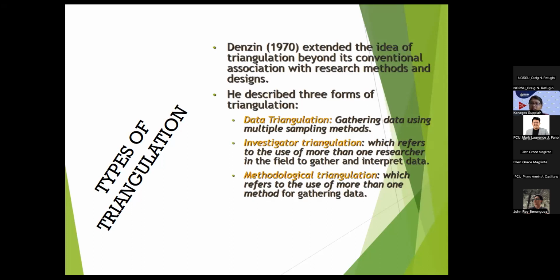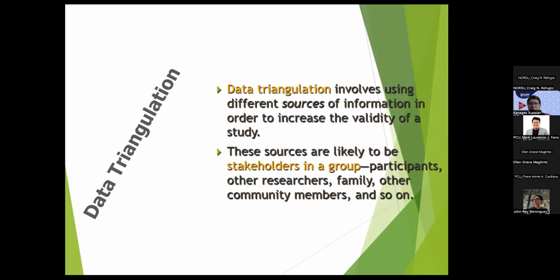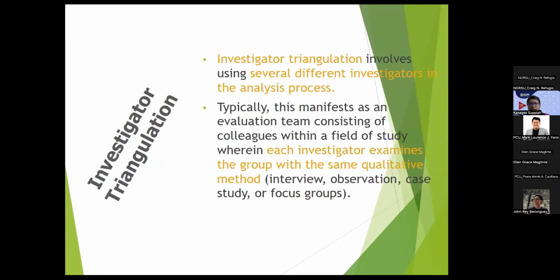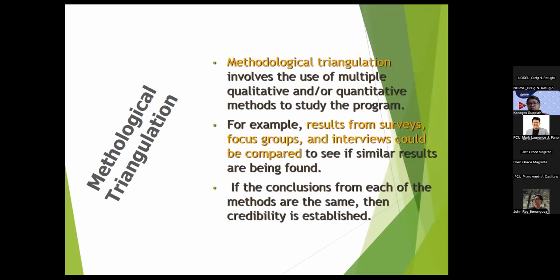It could be a quantitative way, a qualitative way, all right? So this is some added explanation on data triangulation, and this is investigator triangulation, and this is methodological triangulation.